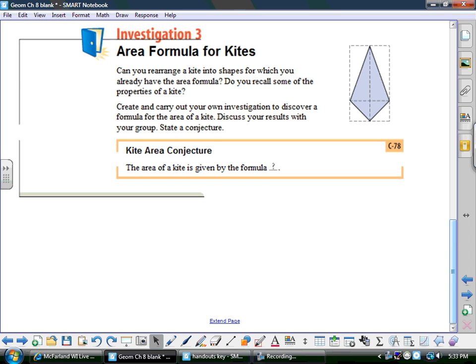What I notice in this picture is that this triangle right here is exactly the same size as this triangle right there. And the same thing is true about this triangle and this triangle, and the triangles on the bottom as well.